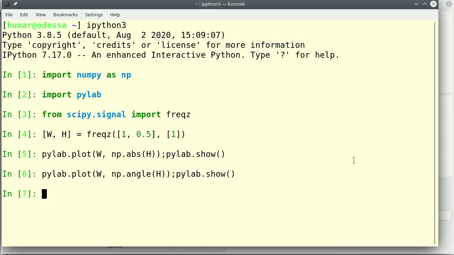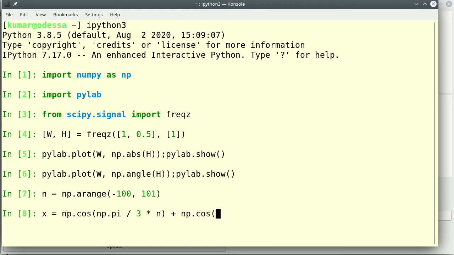So I'll choose n to be, and I'm going to choose x to be np dot cos pi by 3 plus np dot cos 2 pi by 3.